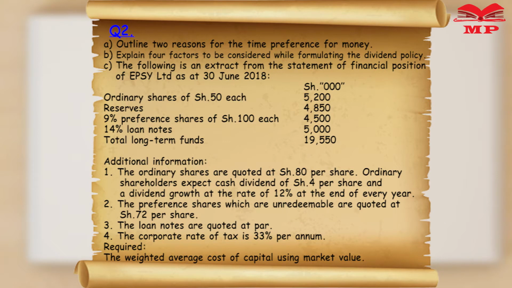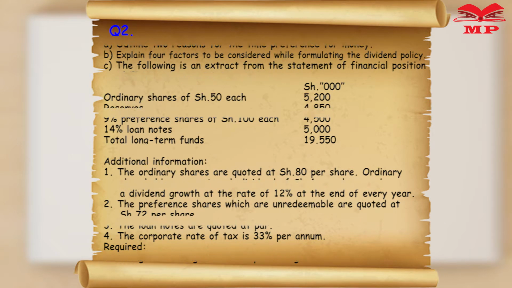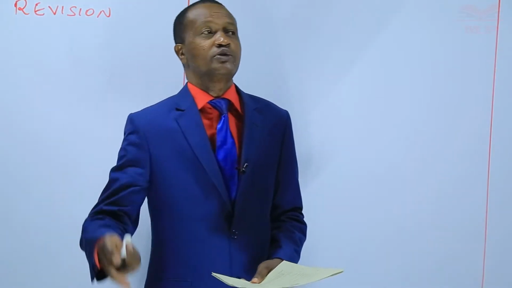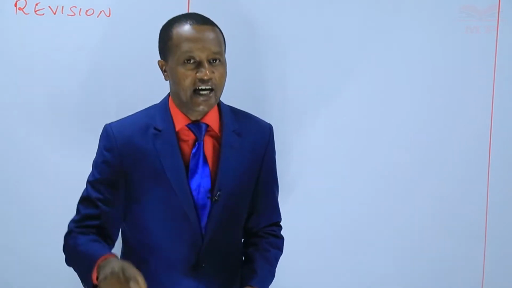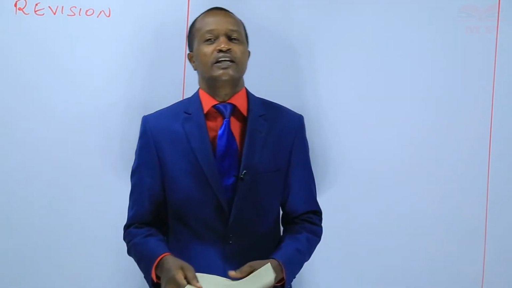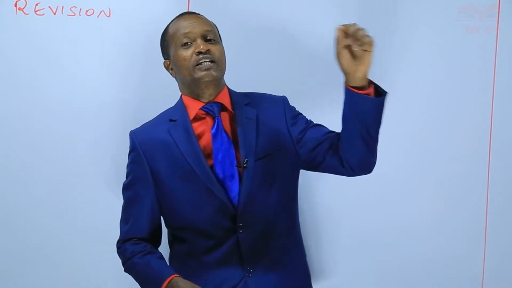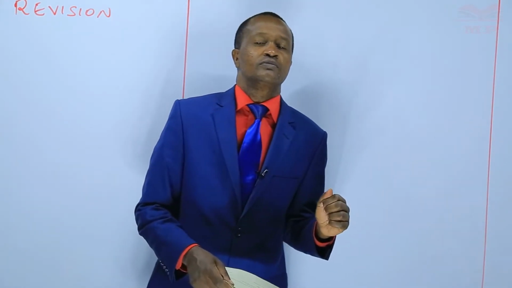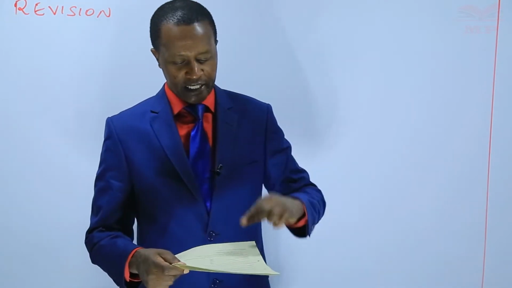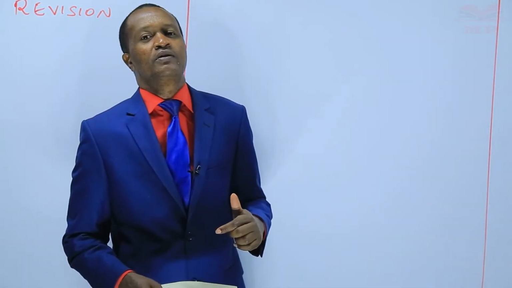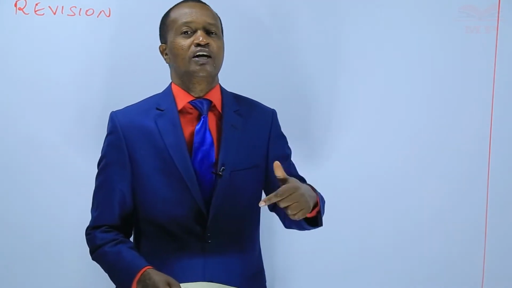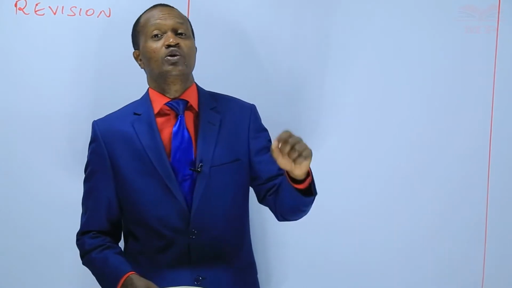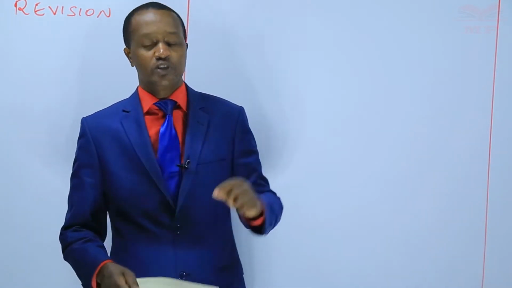Outline 2 reasons for the time preference for money. Now, candidates, the time preference for money is an individual's preference for possession of a given amount of money now rather than the same amount at some future time. Individuals would prefer to have money now and not in future.